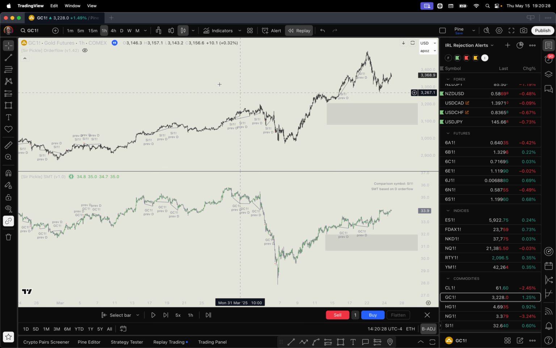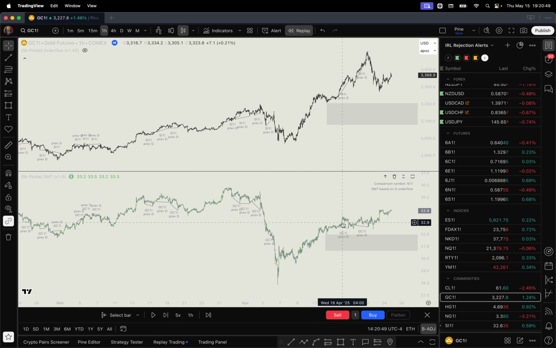It only does this on 1 hour, 4 hour, daily, weekly, and monthly. It doesn't do it on lower time frames, because we are too far away from the higher aligned time frame. So let's say if I'm on 1 minute, I don't want to show daily sweeps, because it would send too many early false signals.